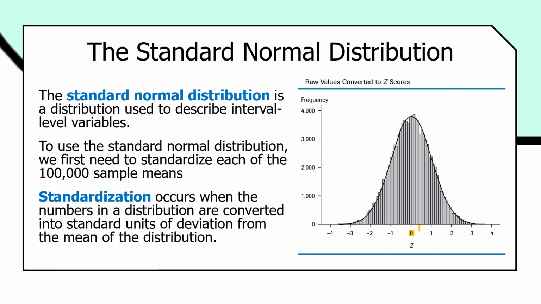The normal distribution is a distribution used to describe interval level variables. To use the normal distribution, we first need to standardize each of the 100,000 sample means. Standardization occurs when the numbers in a distribution are converted into standard units of deviation from the mean of the distribution. And of course, the unit of deviation we're using is the standard error.